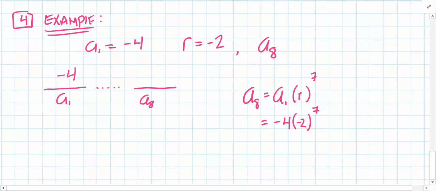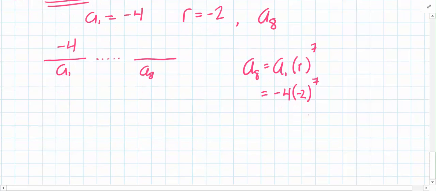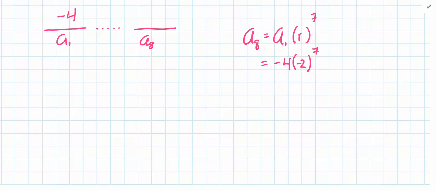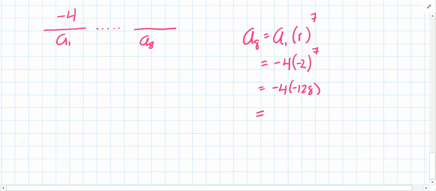So how much is -2 to the 7th power? Yeah, so I have -4 times -128. Multiply those two together, and you get a positive 512. So check that out. We can fast forward all the way to any term in the sequence that we want using that general nth term formula.